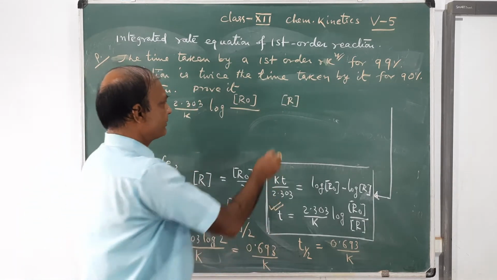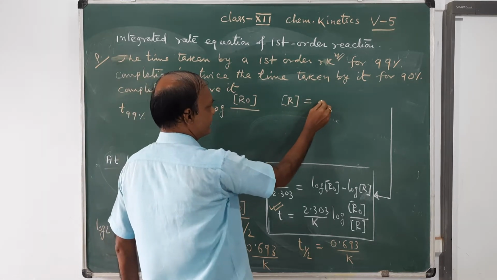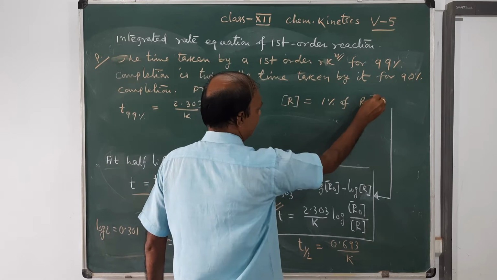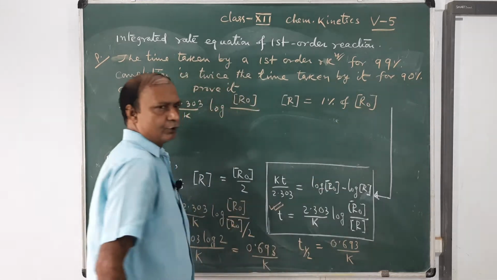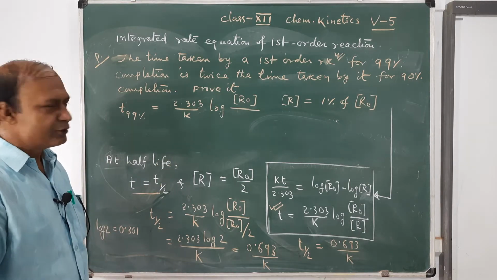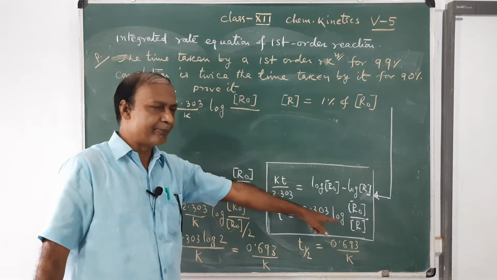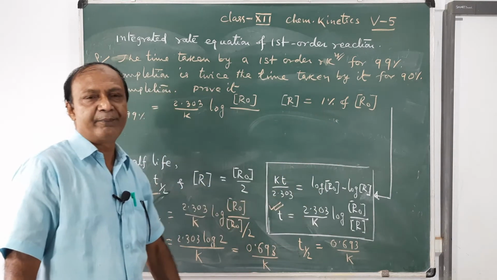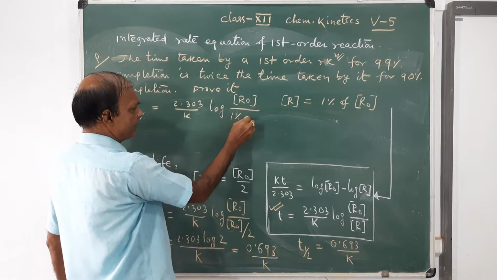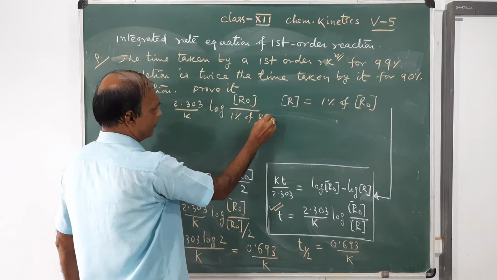The concentration of the reactant left after this time is just 1% of R naught. So T99% means it is 99% over. So what is the concentration of the reactant left? It is 1% of R naught. So just write 1% of R naught.